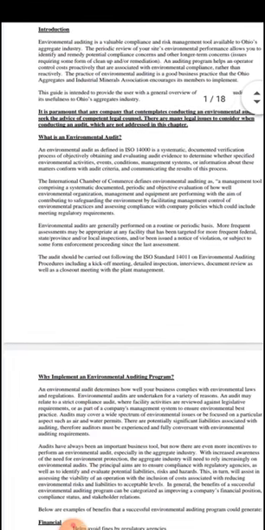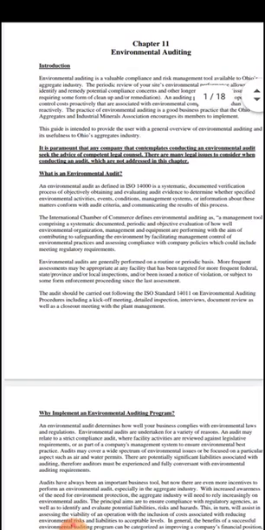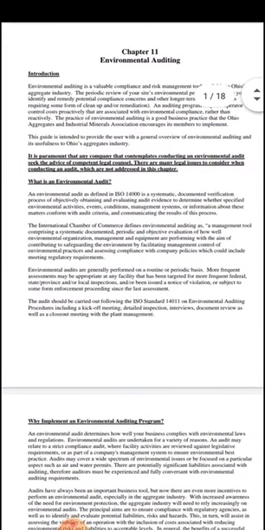If you consider some of the basics, the definition is here: what is an environmental audit?